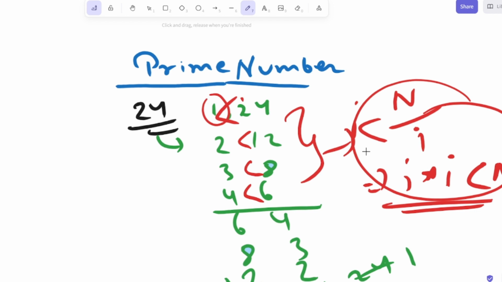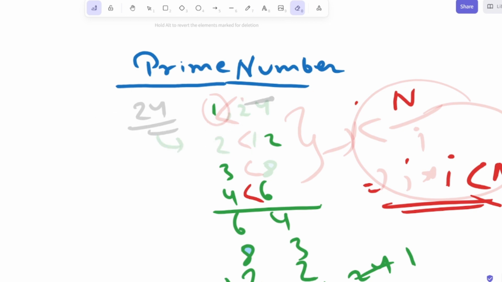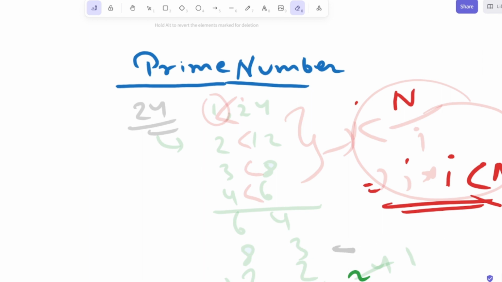Before I go into the programming, let me tell you why it would be equal to as well. The reason it will be equal to, let's take the example of 36, which has two common factors, meaning we will get only one factor rather than a pair.